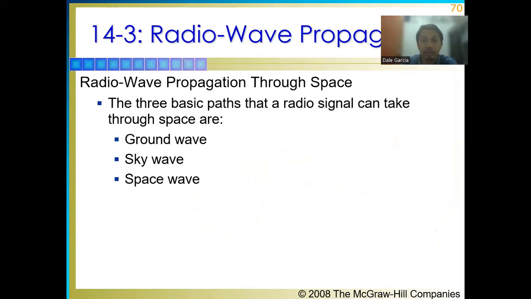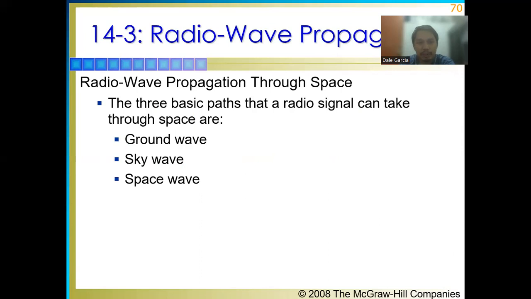So, radio wave propagation through space. When we say space, it's not outer space, but a place somewhere. We have three types of radio wave propagation: ground wave, sky wave, and space wave.